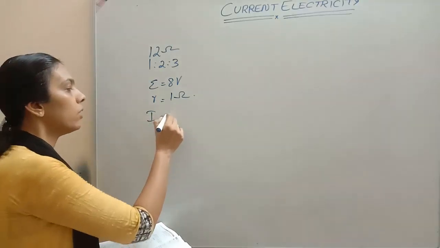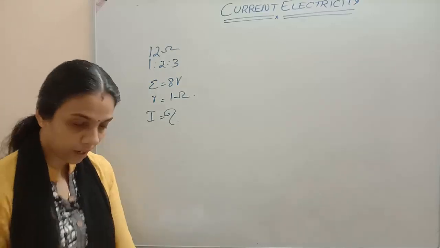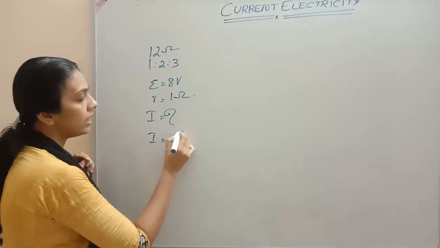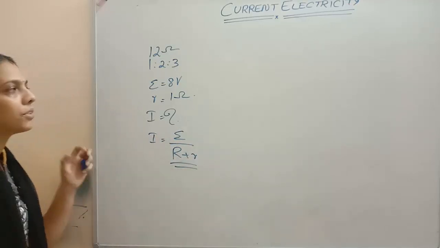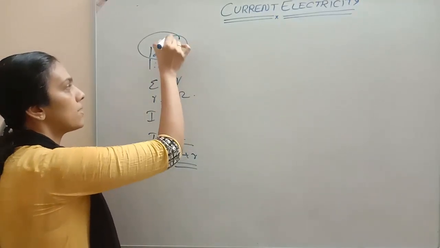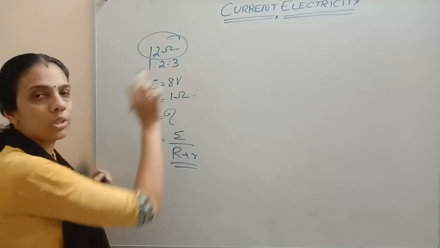We need to find out the current. How can we find out the current through each part? We know I is equal to E divided by capital R plus small r. For that we need the external resistance. So this 12 ohm resistor is divided in the ratio 1:2:3.